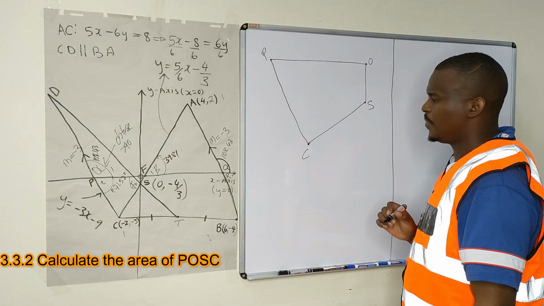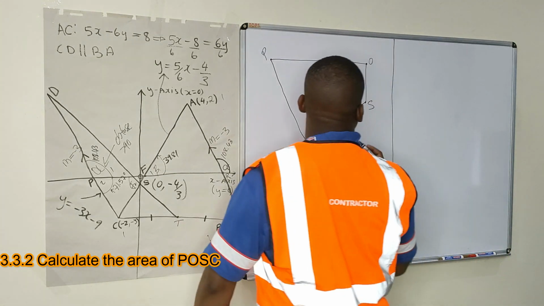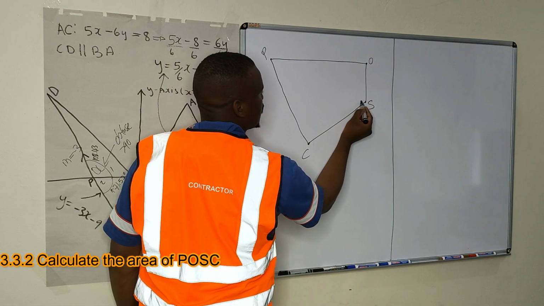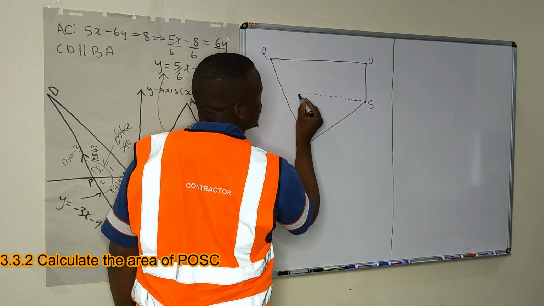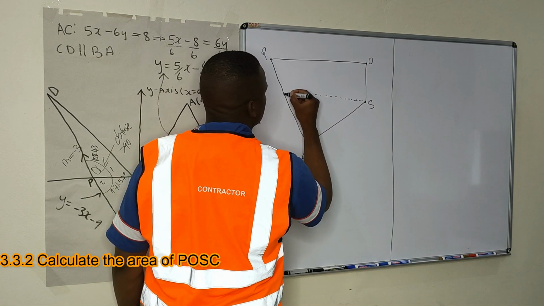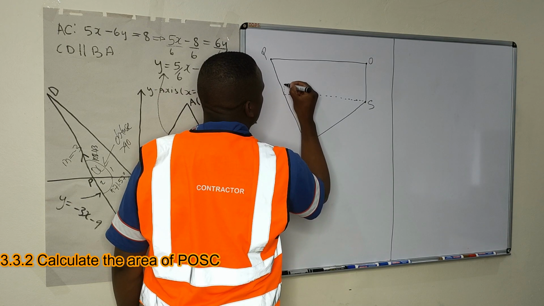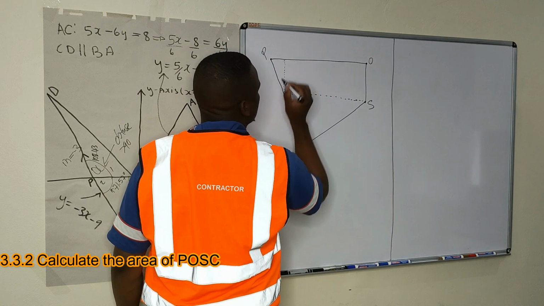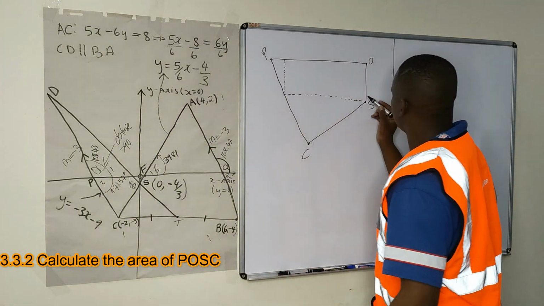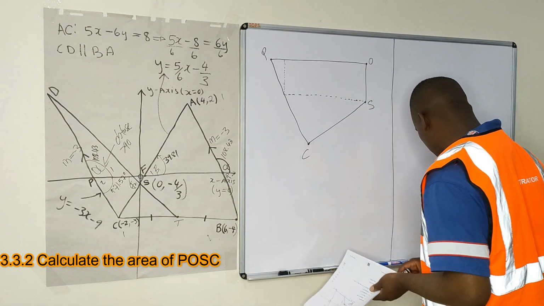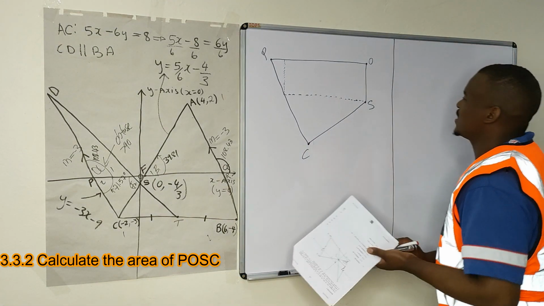So there are many ways you can look at this. You can look at it this way: I'm going to look at this part here. I'm going to look at this square here. Sorry, not a square, this is a rectangle.